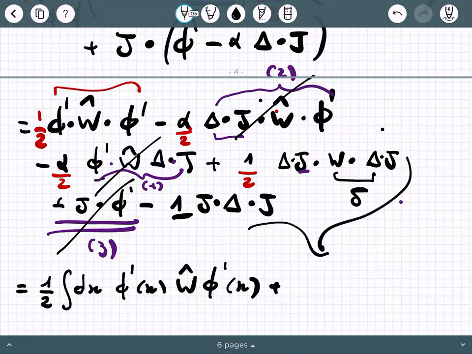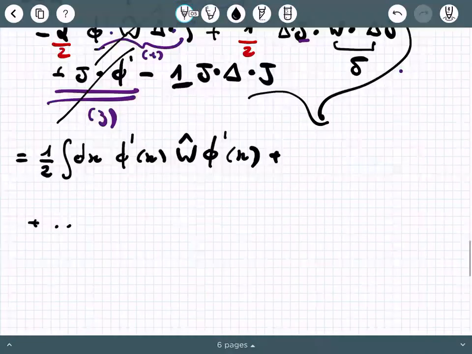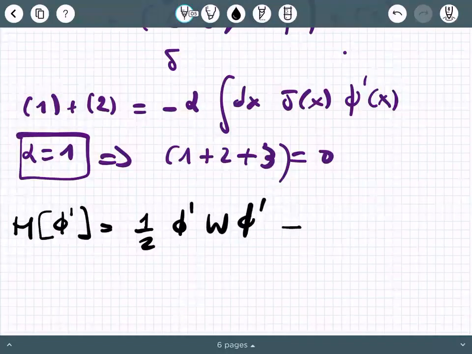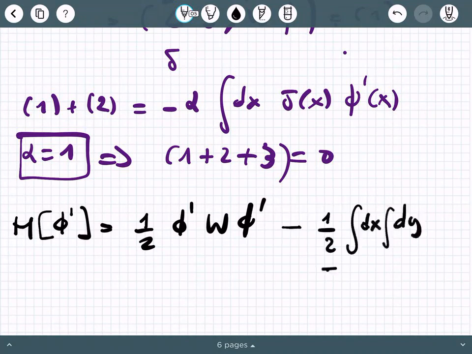So as a result, this will be 1 negative integral dx integral dy j of x delta of x minus y j of y.